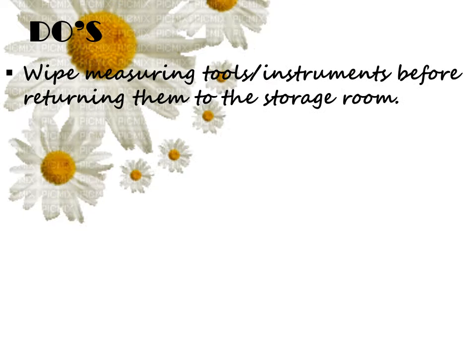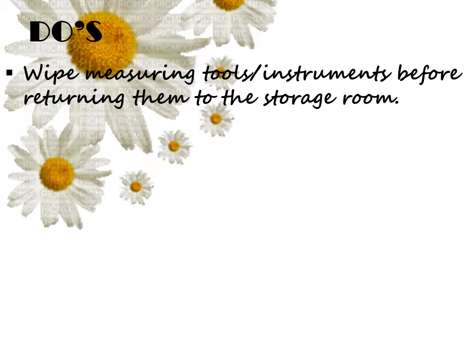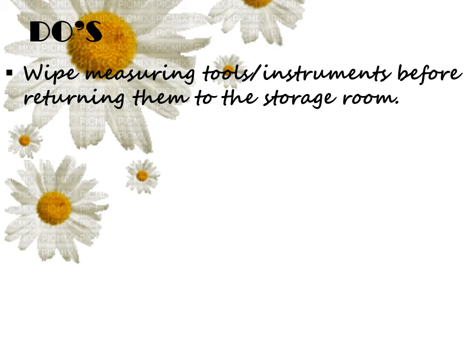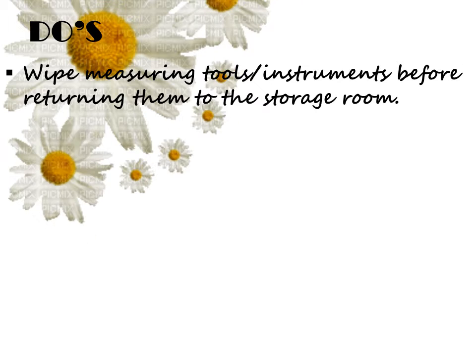For the do's, wipe measuring tools or instruments before returning them to the storage room. After using the instrument or tool, you need to wipe it off, or clean it, in order to prevent it from rusting.